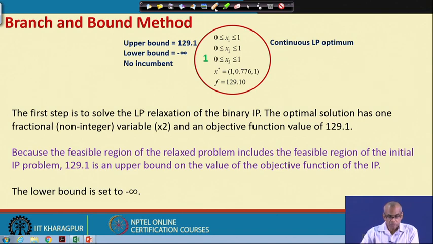The optimal solution is this. Note that in the optimal solution, x1 is integer, x2 is fractional and x3 is integer, and the objective function value is 129.10.